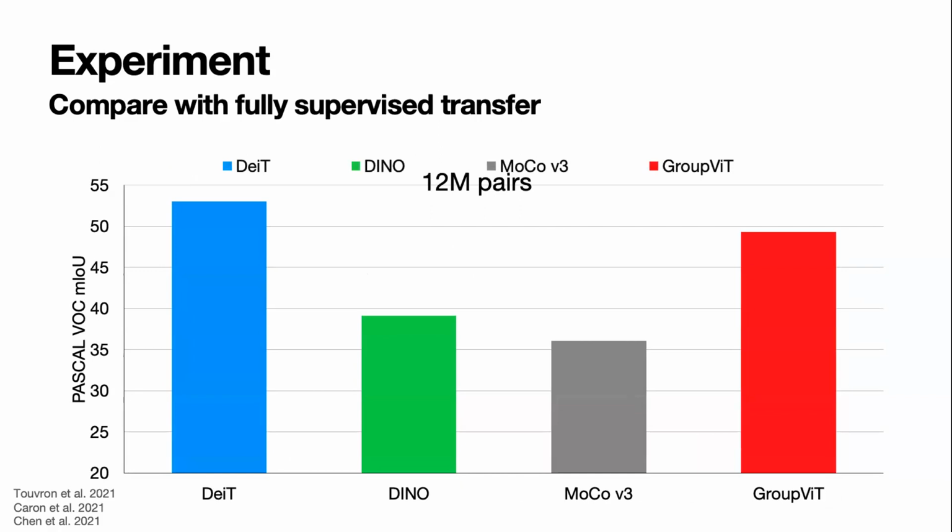We also compared it to a number of other self-supervised techniques, DINO and MoCo version 3, versus DeiT, which is a fully supervised approach. Instead of our GroupViT backbone, we used these different backbones, replacing our architecture. And we found that GroupViT did significantly better than these other self-supervised methods, and did comparably to the supervised method.